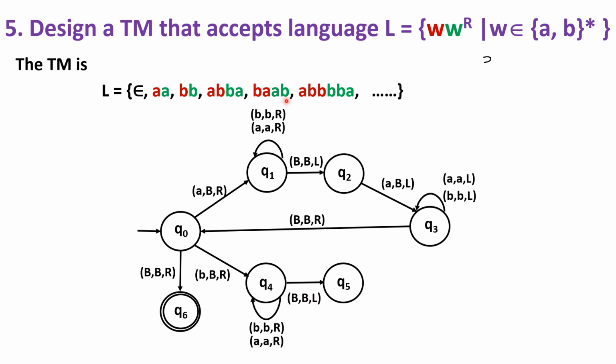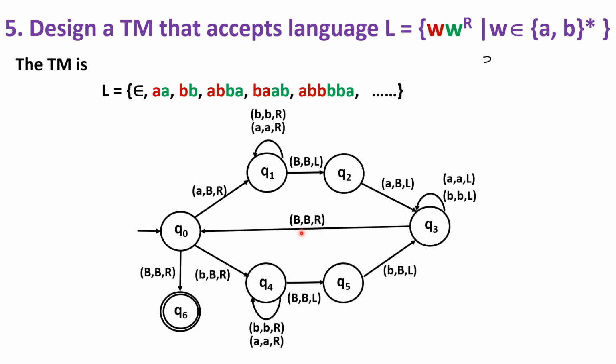Move towards the left to obtain the rightmost B. Once we get the rightmost B, replace that B as blank, move towards the left and go on reading the symbols in state Q3. Keep the symbols as they are, moving towards the left until you come across a blank.